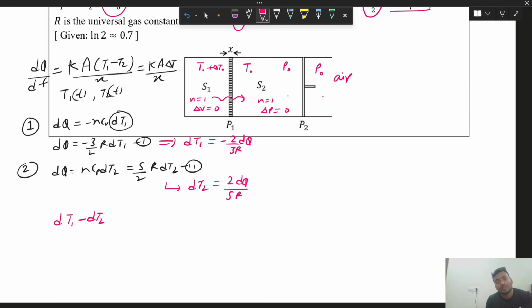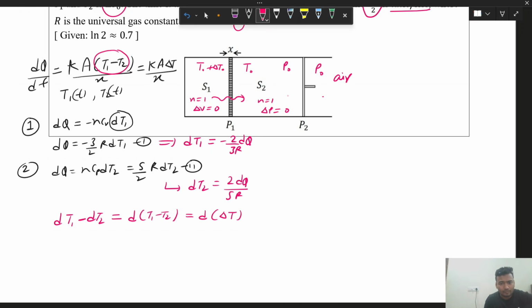For this type of question, there are one or two questions in the Physics Galaxy 700-something illustration book, so you can check that book. 2-3 questions are there exactly similar to this. So dT1 minus dT2, if I do it, we can say it is exactly like d of T1 minus T2. So it will be d of delta T, because I'm taking T1 minus T2 as a variable, delta T, right? Okay, so d of delta T.